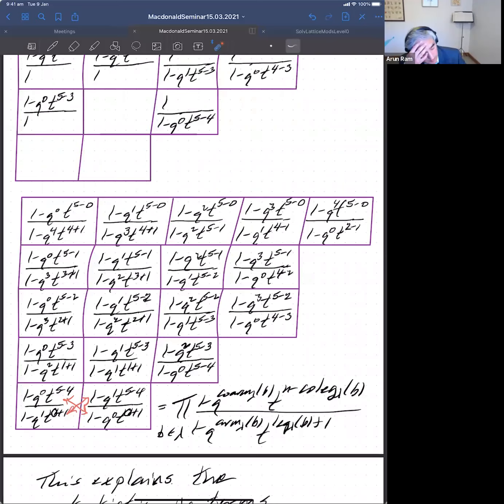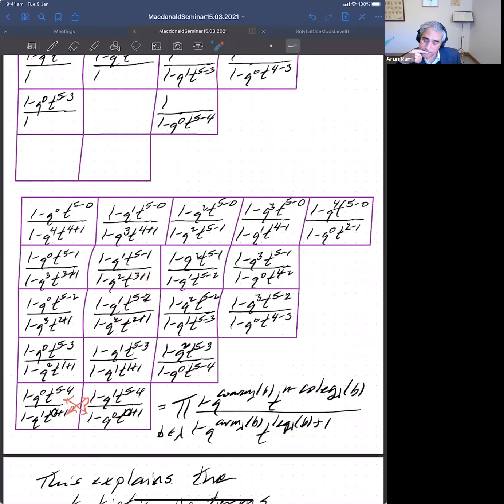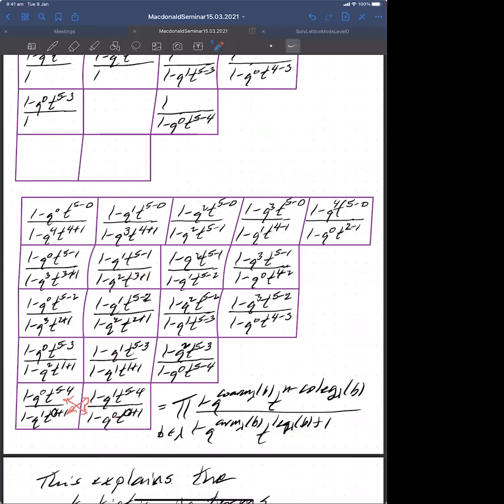No, but no matter where I want to do it, it will always be the leg, the number of boxes below. If there is a miracle, the miracle is that this cancels with that. That's where the miracle is. But being able to fill it is just this number, so there will never be a problem filling it. Yeah, but basically this 4 plus 1 also comes with the power of t, which you filled in for the rightmost box, right?